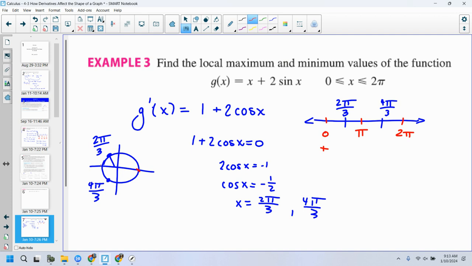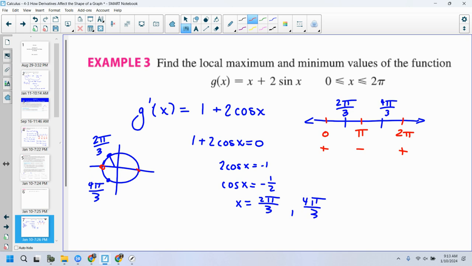What about pi? Okay, over here, what's the cosine here? What's the x value here? Negative 1. So this is 1 plus 2 times negative 1. 1 minus 2 is negative. What about 2 pi? Isn't that going to come out the same as 0? Okay, now I see my signs.